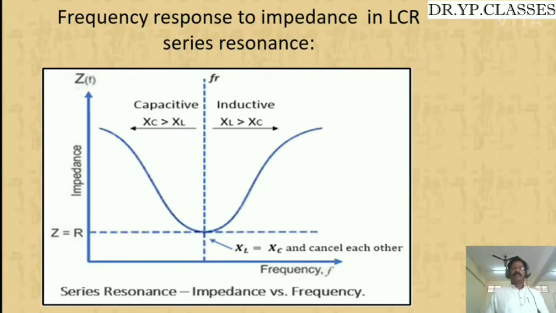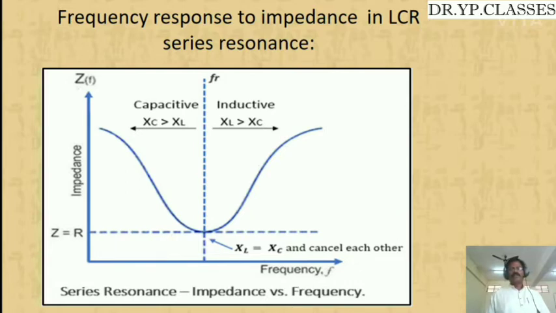And this is the frequency response of the impedance in the LCR series circuit. You can take frequency along the x-axis and impedance along the y-axis, and show the variation in the graph. The first part is the capacitive reactance, the capacitive circuit.